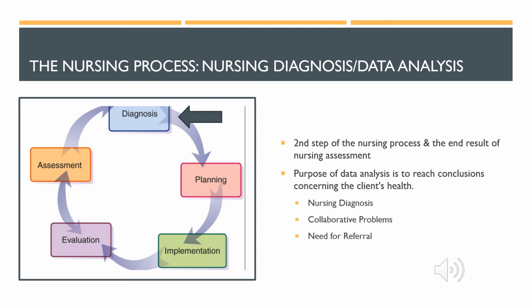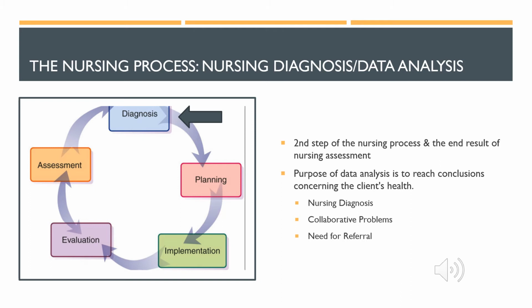And this is where the data that you as nurses collect, based on clients' answers to the questions, the subjective data in that nursing history, along with the objective data that you will gather during the physical assessment, is evaluated or analyzed by the nurse to make informed judgments about the client, including nursing diagnosis, collaborative problems, referral, and the need for patient or client education.